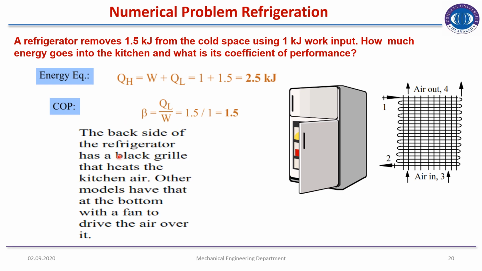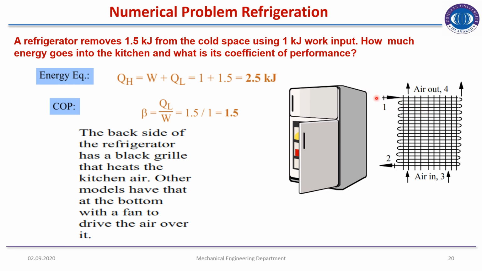The back side of the refrigerator has a black grill that heats the kitchen air. Other models have that at the bottom with a fan to drive the air over it. As you know, that is a form of condenser. Before this grill there will be a compressor.